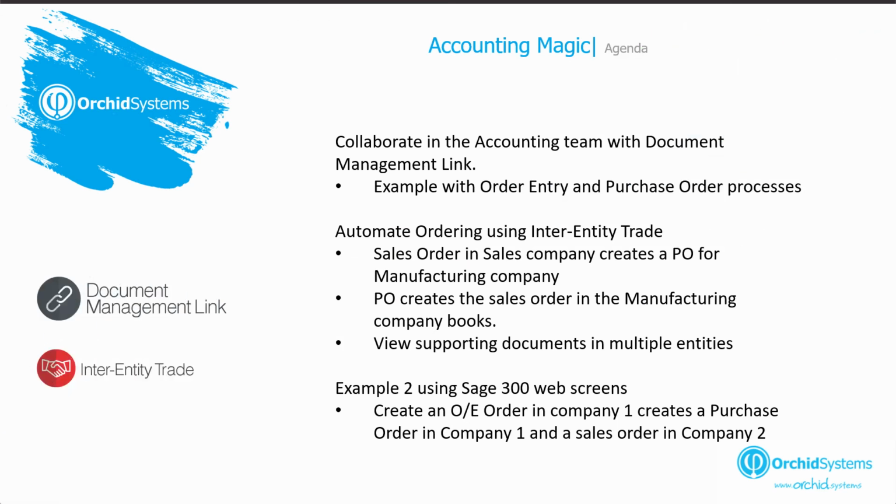Thanks, Nancy, Rob, and Anne, for your magical and creative presentations. We've seen how Document Management Link can be used to share documents across processes and across companies in the ordering and purchase order processes. Document is linked once to the original order in order entry and can be viewed when working with the reciprocal purchase order, PO receipt, and PO invoices in separate companies or in the same companies.